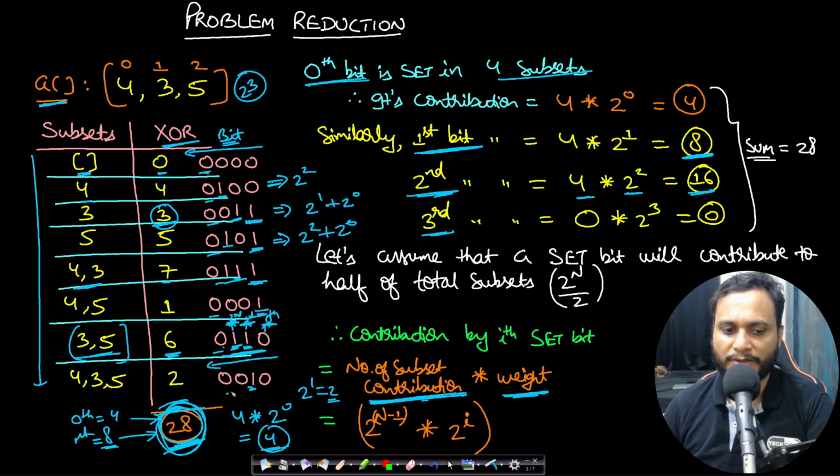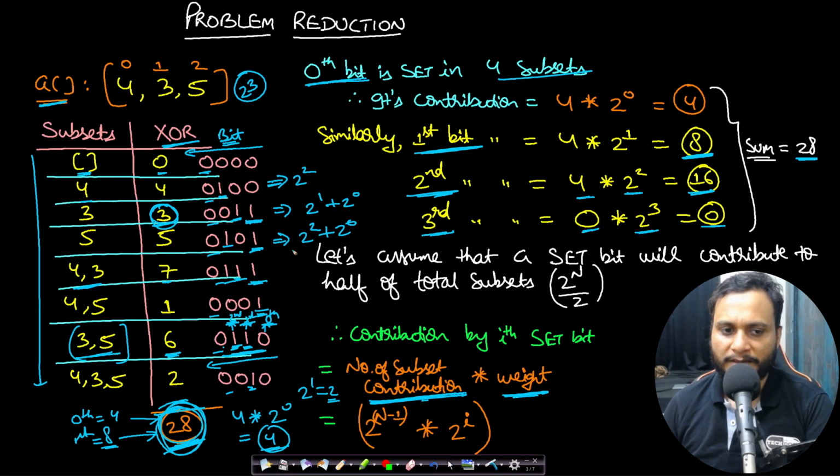You check, it is not contributing in any subset. So its contribution will be 0 subsets multiplied by the weight 2 to the power of 3, which will be 0. If you add all this, then the total sum comes to 28, which is always the same even if you had not used bit manipulation, because all these numbers are just a sum of powers of 2, right? I think this part is clear.